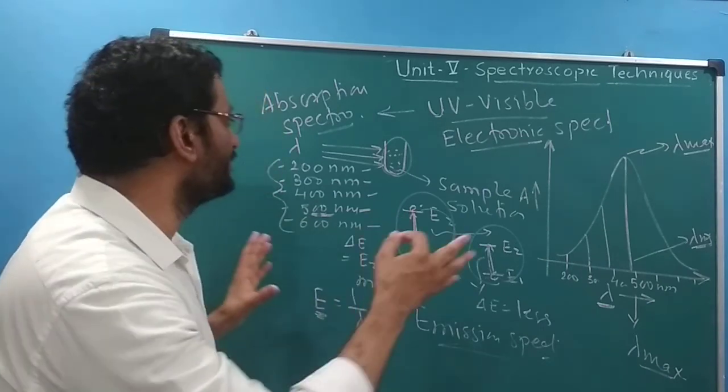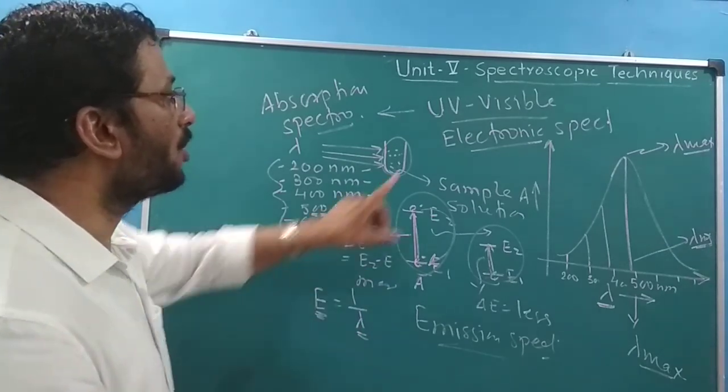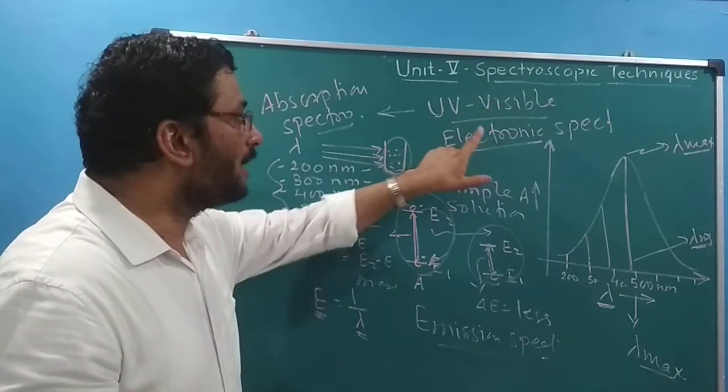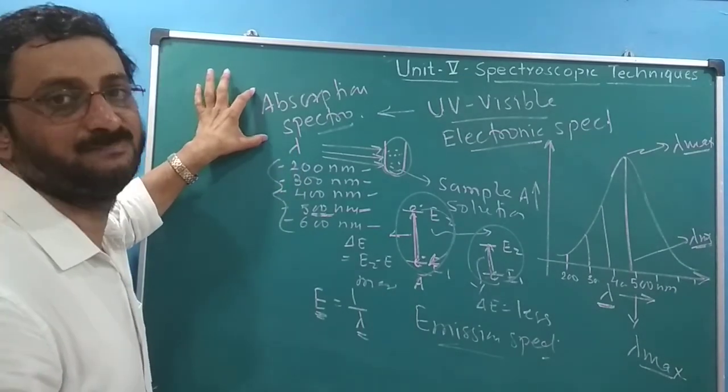So this is the basic part of different spectroscopic methods, or UV visible spectroscopy, also called electronic spectroscopy, studied under the heading absorption spectroscopy.